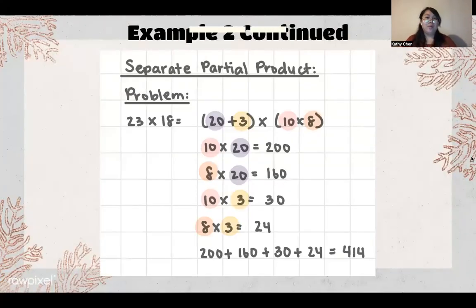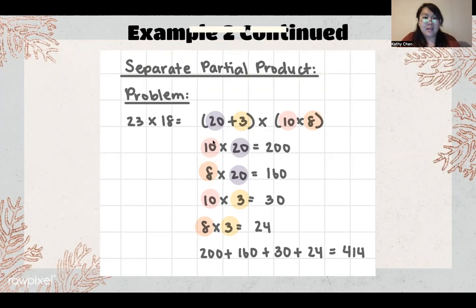Example 2 continued. So this is another method, separated partial product problem. So the problem is 23 times 18. The student broke up 23 as 20 plus 3. They kept the multiplication sign right here. They then broke apart 18 to 10 plus 8.